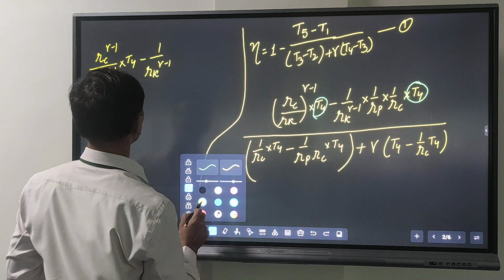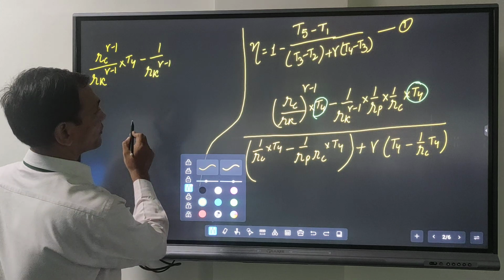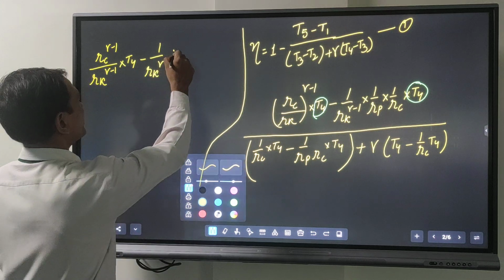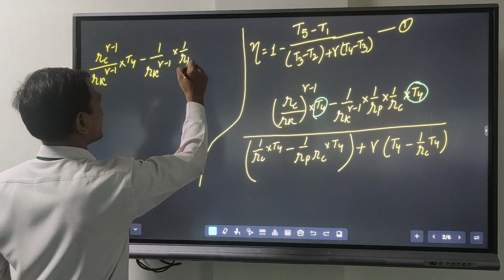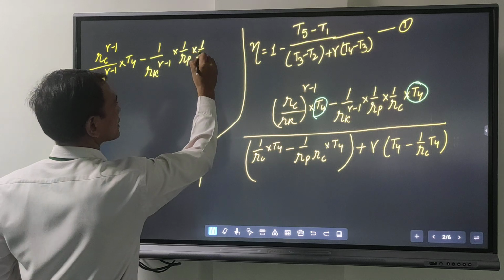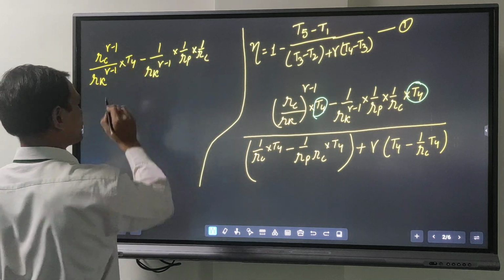I will proceed next: 1 by Rk to the power gamma minus 1 into 1 by Rp into 1 by Rc, we take common.